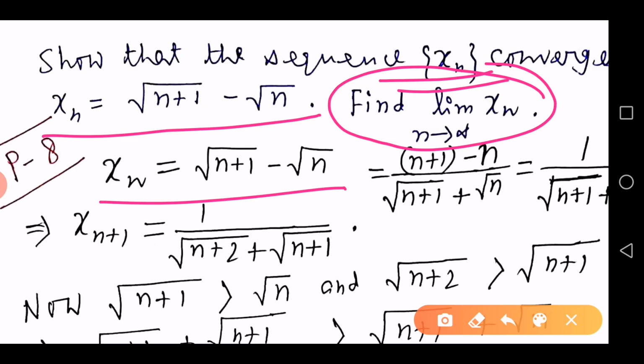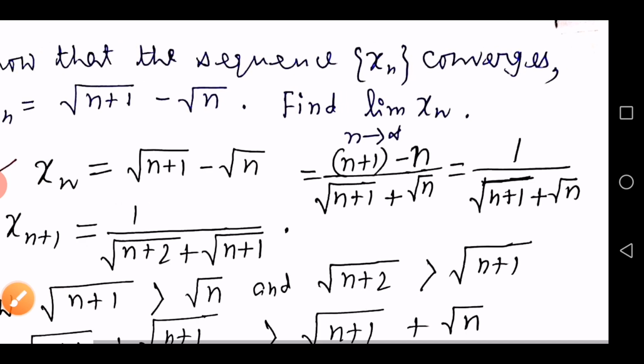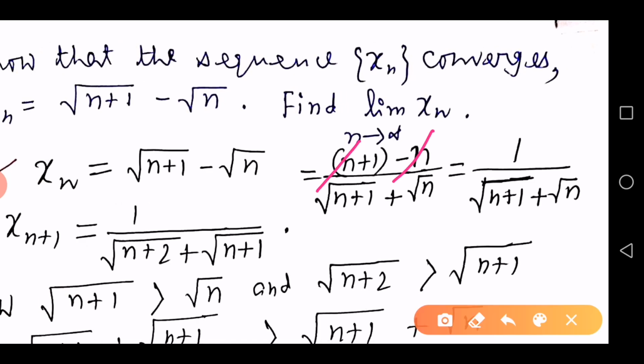Rationalizing the numerator, we have (n+1 − n)/(√(n+1) + √n). Rationalizing means multiplying both numerator and denominator by √(n+1) + √n. After simplification, n gets cancelled. Therefore, xn equals 1/(√(n+1) + √n).